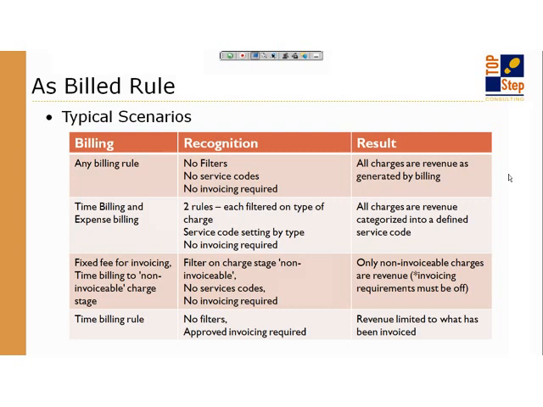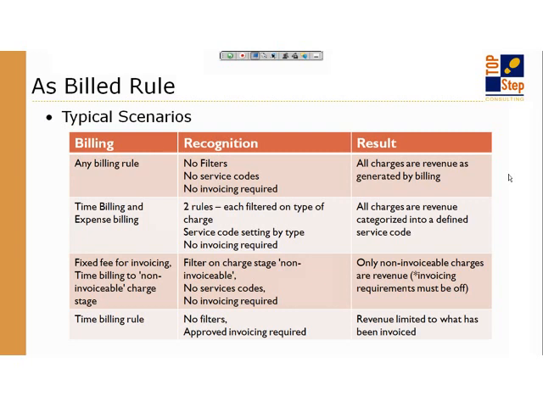But here are some things that you can take advantage of with the as-billed rule that leverage the fact that it has some filters and some powerful capabilities. So what if you're doing a time billing rule and expense billing? So time and expense, T&M type project. However, you need to make sure that the revenue for expenses is categorized against the expenses revenue code, and the revenue according to the time billing or the fees is located against the fees revenue code.